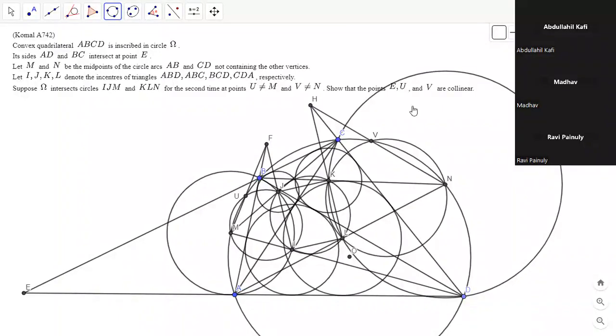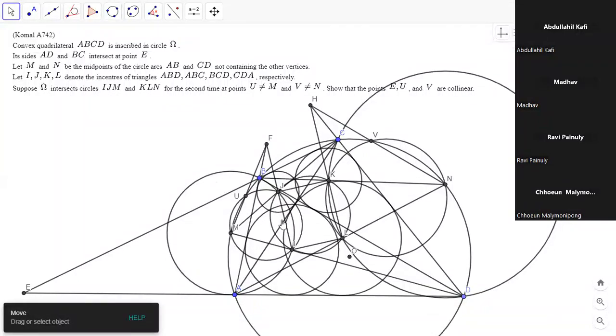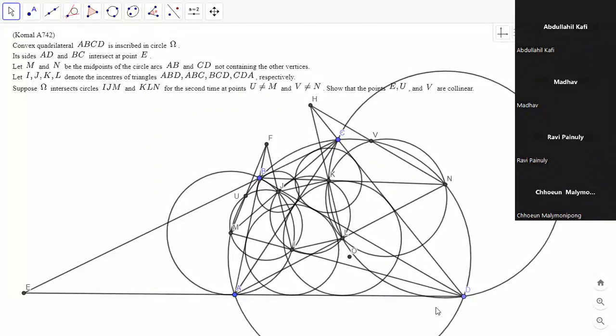So I wonder what the homothety about F takes UJI to. It'll take it to another triangle that's similar to UCD.